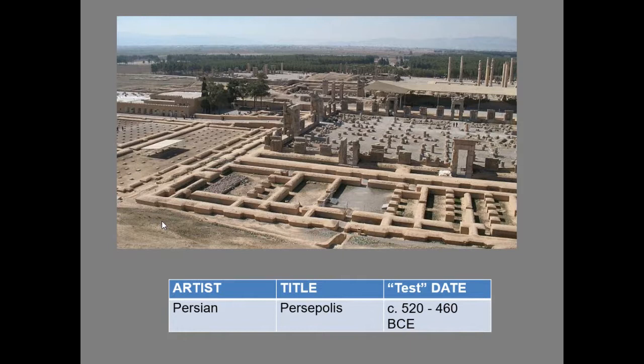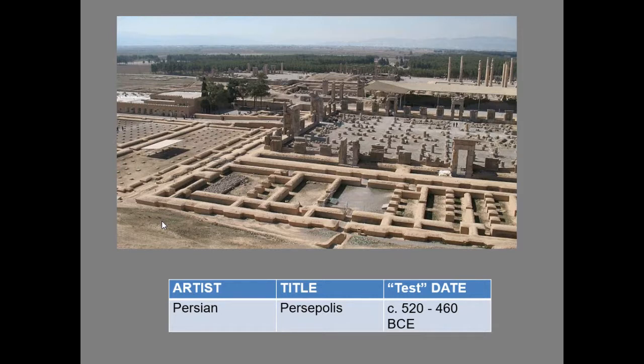The first flowering of ancient Persia was put down or suppressed by the invasion of Alexander the Great, who was Macedonian, conquered Greece, and then conquered most of the Persian Empire. And when he arrived at Persepolis, which is what you see here, this was the city/palace of the Persian kings, and that's all that's left of it because Alexander had it burned to the ground.